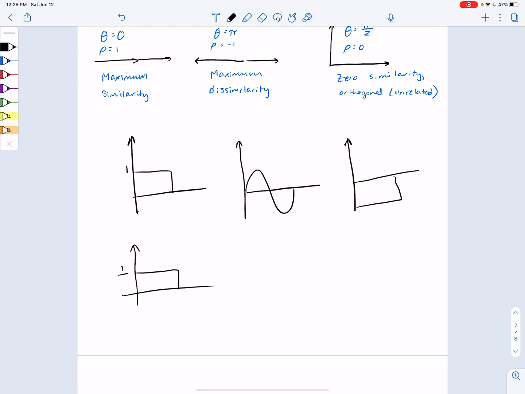This is 1, this is 1/2, this is -1, and all these are on t. Then 1, 1, 1, and then 1. Let's say I want to do some kind of binary transmission, so I'm going to be sending 1s and 0s, and I have all these signals to choose from to represent 1 and 0.